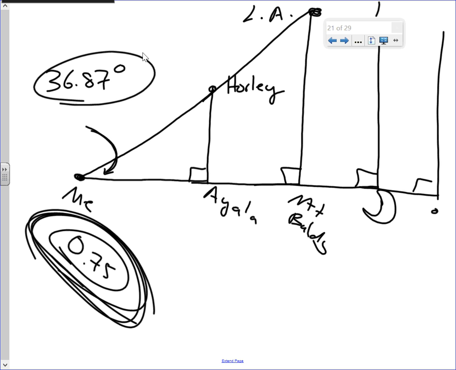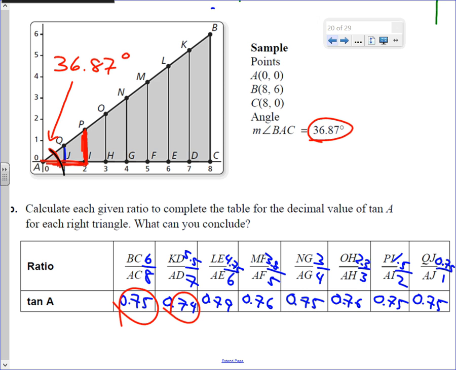But right now, you see a ratio that doesn't change and an angle that didn't change. It stayed 36.87 degrees every single ratio we did, and the ratio stayed the same. For now, just soak that in. I'm not going to do any more math.